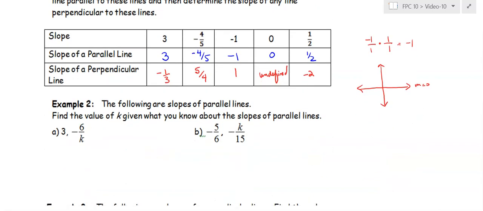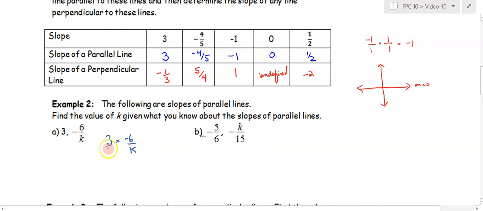If I was to tell you that two slopes are parallel, and one of the slopes had a missing parameter, a missing number within the fraction, you could find that missing number by simply knowing that they're parallel and making them equivalent to each other. So since 3 is the same as -6/k, we can just use an equal sign.